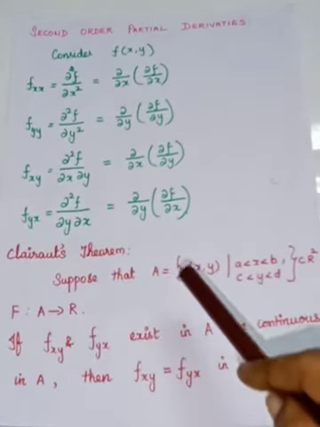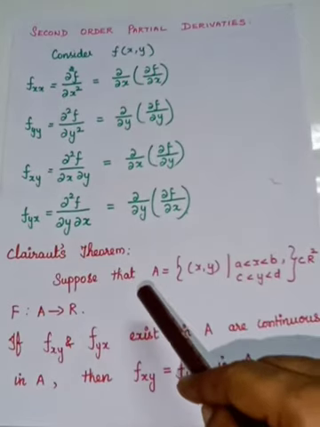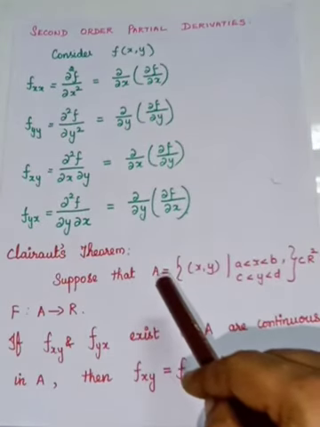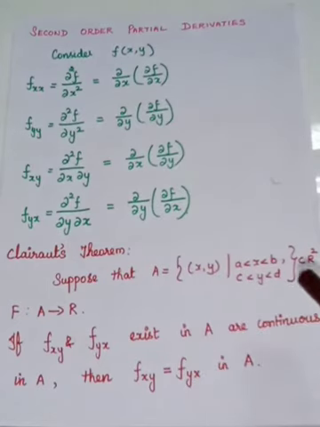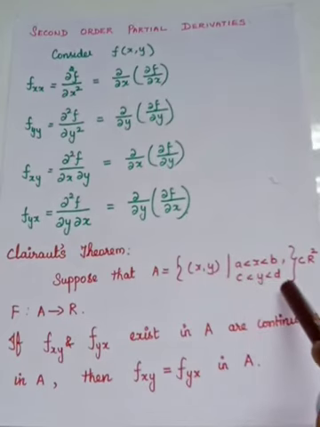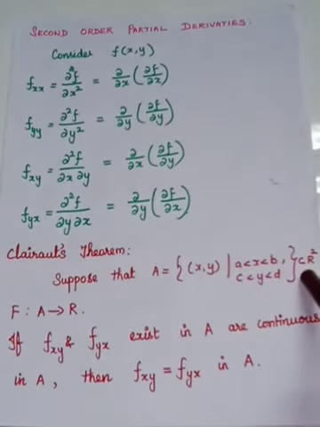And now for Clairaut's theorem. Suppose that A is the set of all ordered pairs (x, y) where x lies between a and b and y lies between c and d, which is a subset of R².